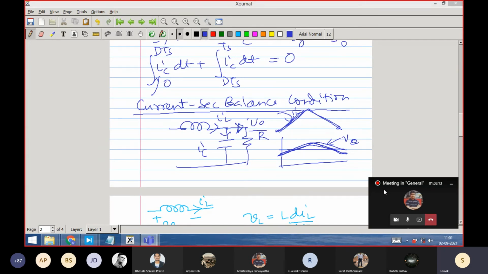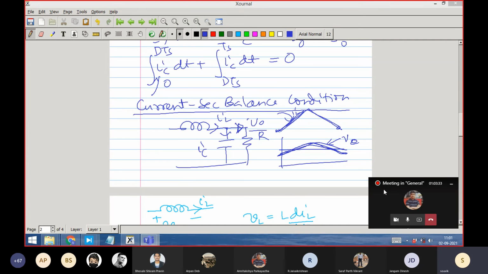Delta V0 is small because we also have a quantity called capacitance by which we can control the V0 change, C dV by dt, right? So delta V0 is not very high, even though C dV by dt is very high.